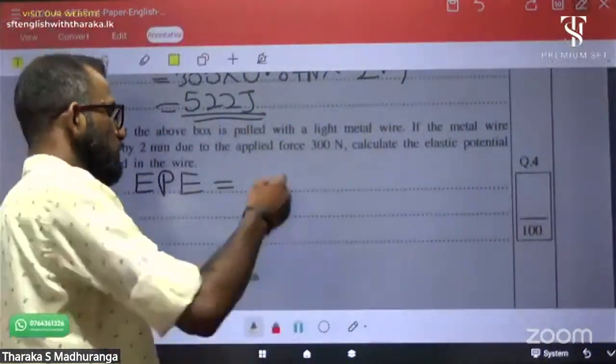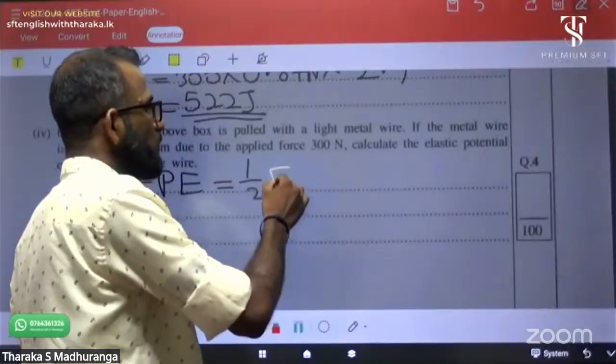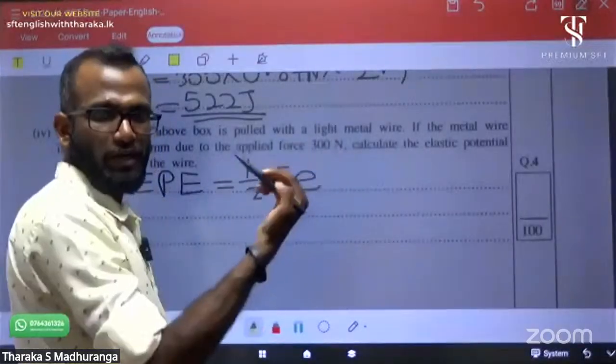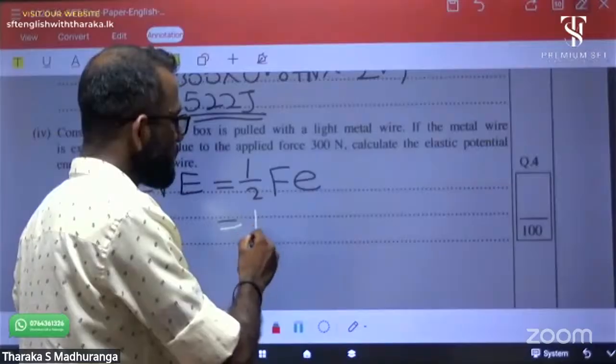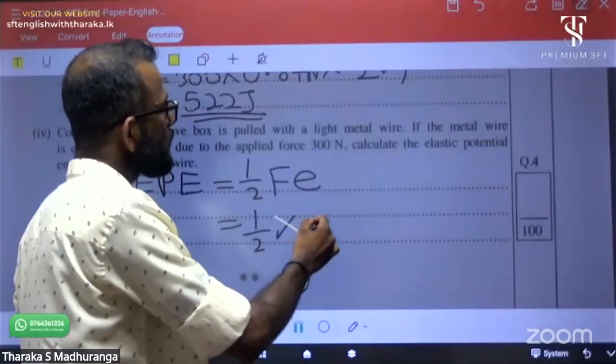Half Fe we can use, because applied force and extension are already given. Half the applied force, 300.